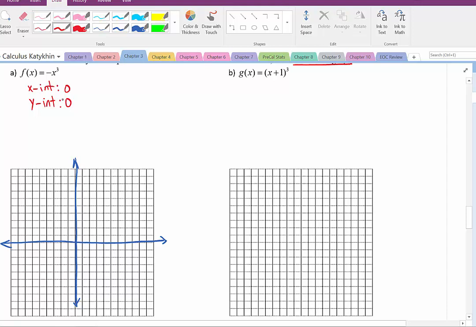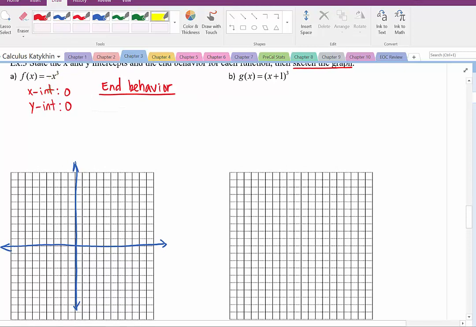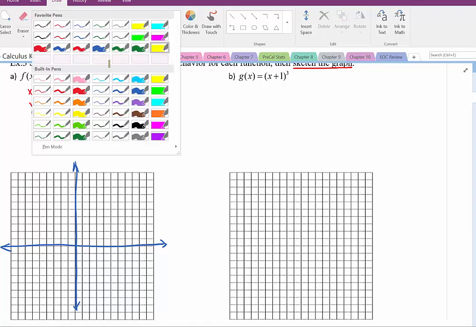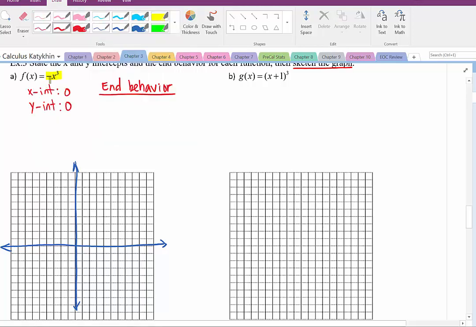Now let's look at the end behavior. Well, what do we have? Our leading coefficient is -x to the third, which actually tells us that we have an odd function, which means one of them is going to go up, one of them is going to be going down.